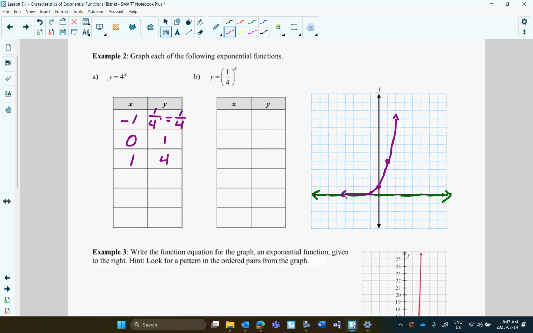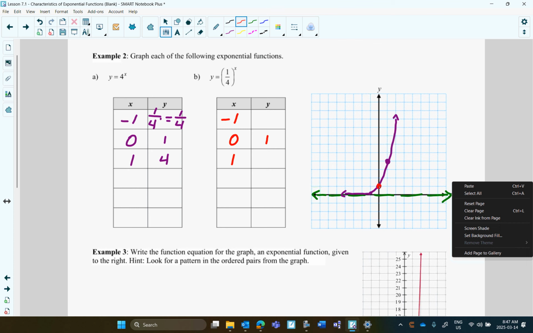But what if the base is 1/4? Well, 1/4 to the 0 is still 1. So we know that doesn't change. What is 1/4 to the first? 1/4.